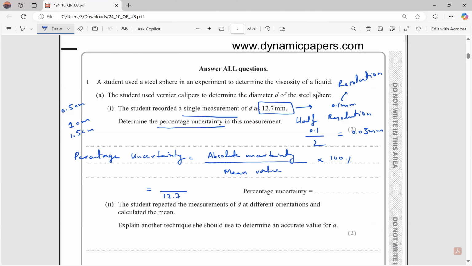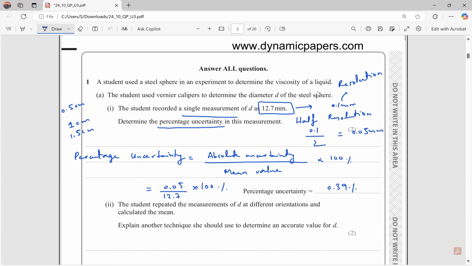In some questions, there could be a different way of finding the absolute uncertainty. It depends on what the situation is. So we write 0.05 over here and multiply it by 100. So we get 0.39%.